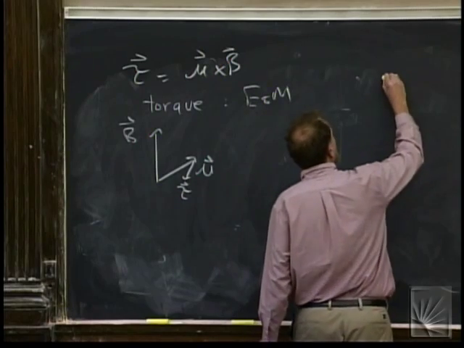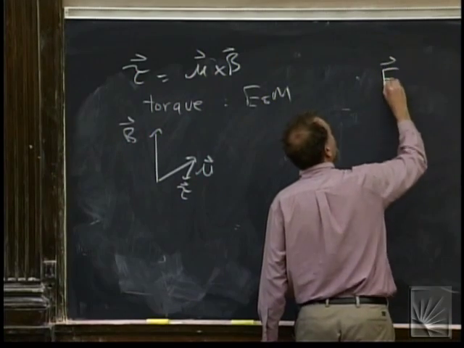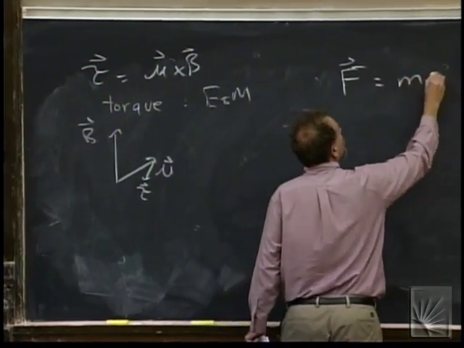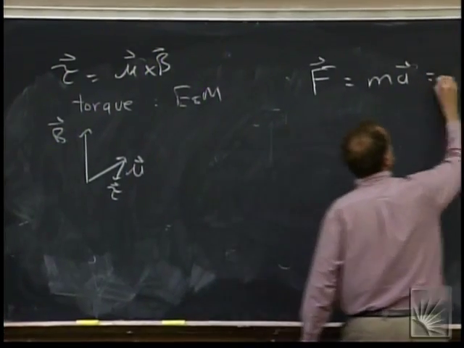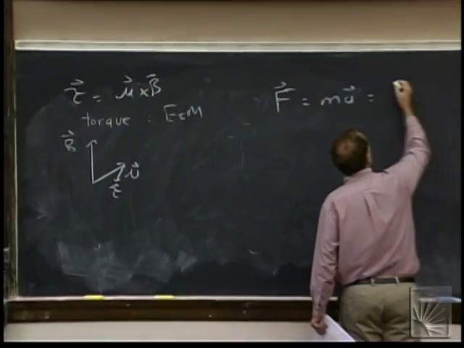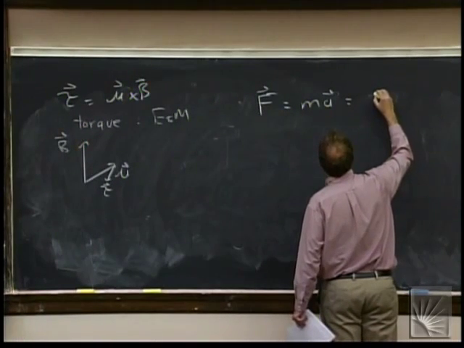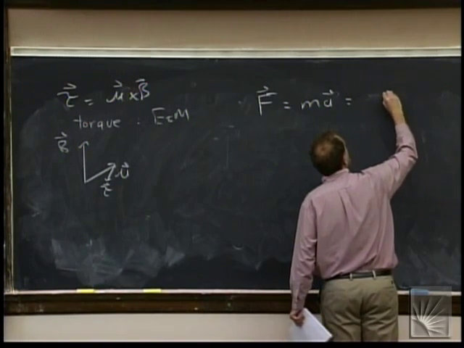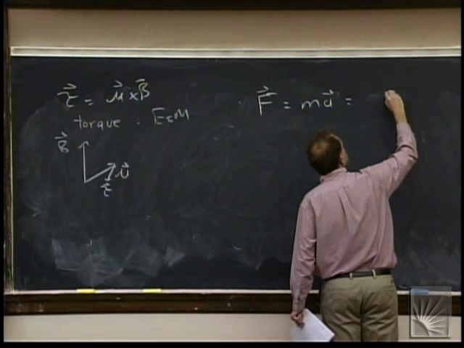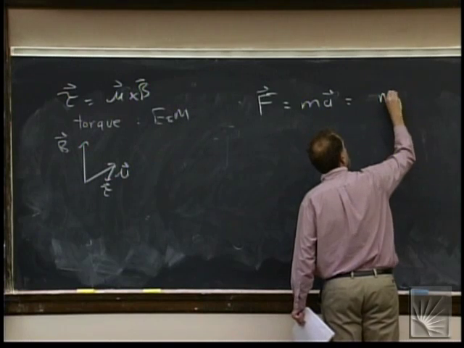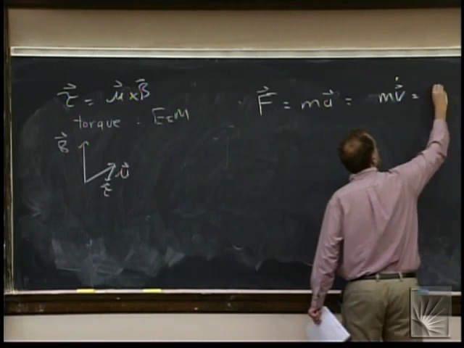The way this works out is that if F equals ma, this is also equal to mv dot, which is p dot.